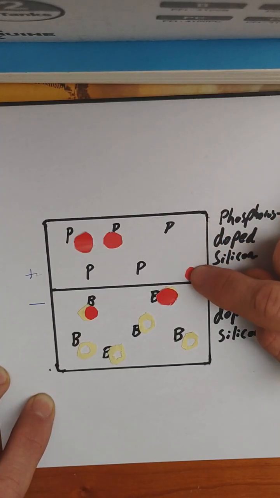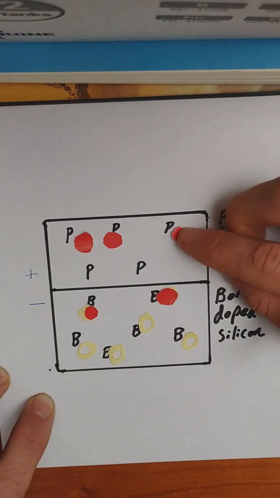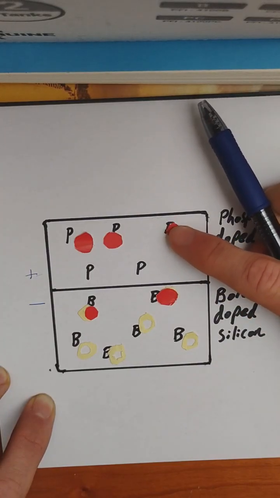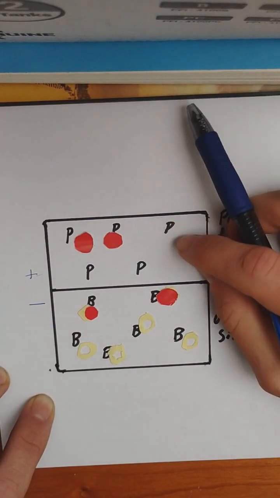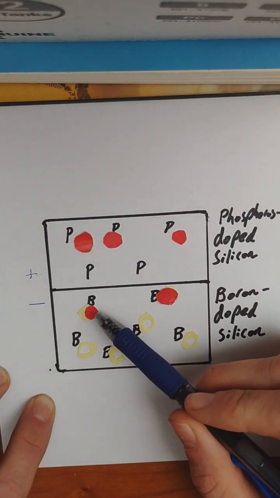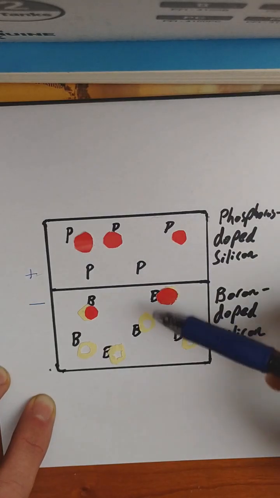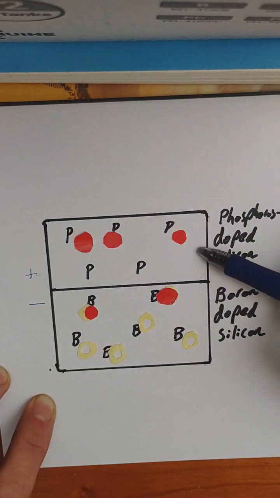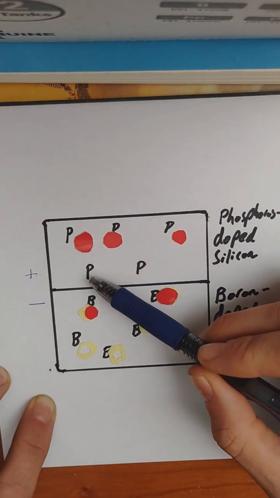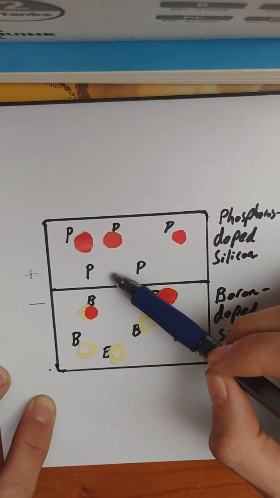But then the electrons that are already over here in the boron, that negative charge, the electric field will repel them back up. Similarly, you might wonder, why don't these just go further down? And partly that's because the electric field is pushing those electrons up. And you could also think of it as they're attracted to the positive charge on this phosphorus side, just on the other side of the boundary.